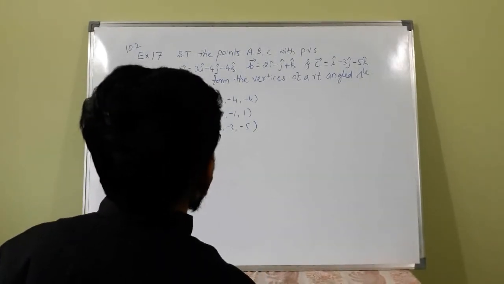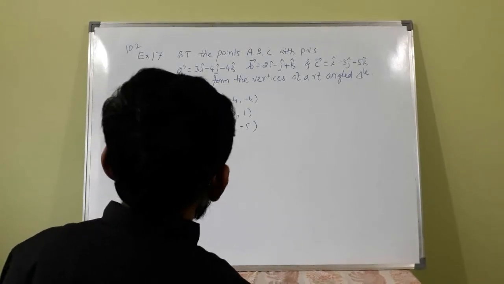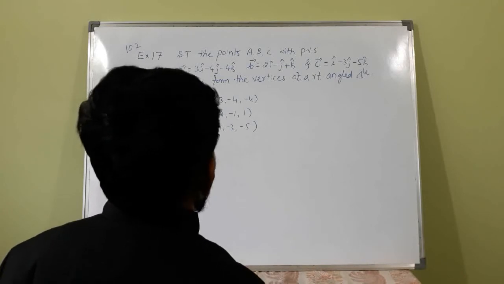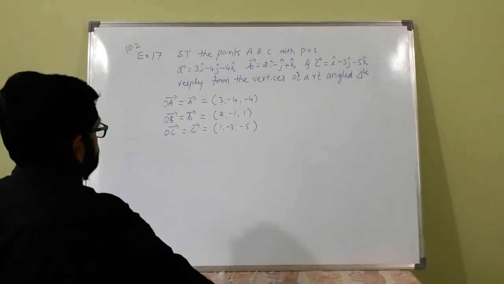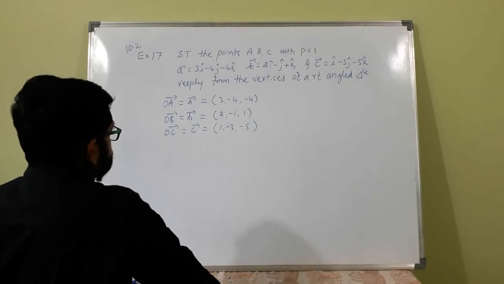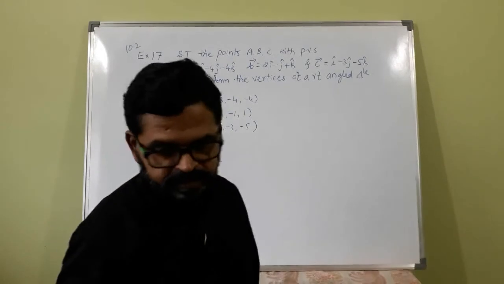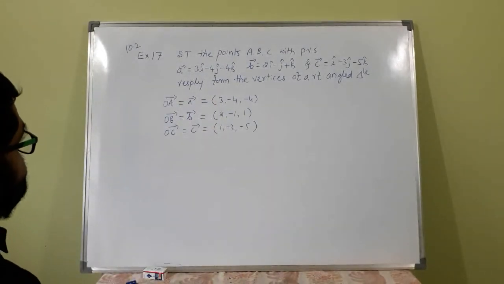Suppose these are the vertices of the triangle, then you have to find AB, BC and AC, and then take the squares of them. You have to show that the sum of the squares of two sides is equal to the square of the other side.